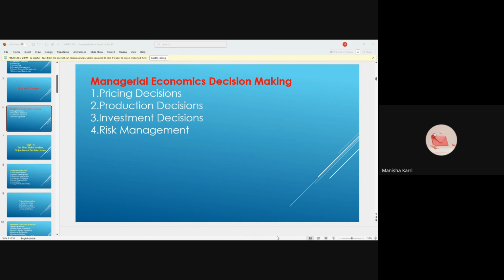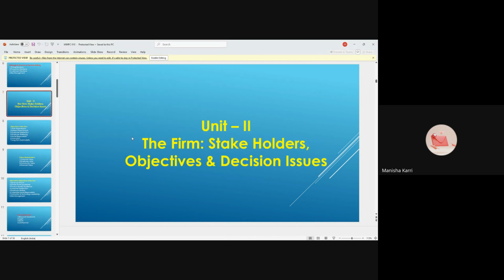Okay, and coming to the next unit, which is the firm, stakeholders, objectives and decision issues.